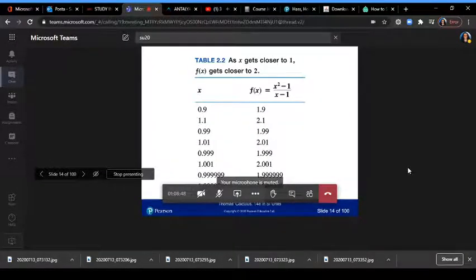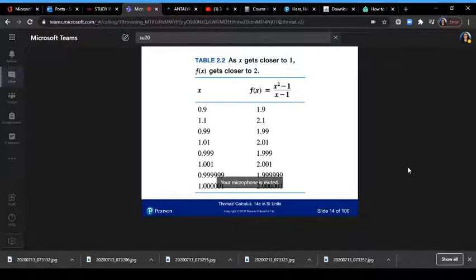Let's try to analyze this function f of x equals x squared minus 1 over x minus 1 a little bit closer. We are going to build a table, because whenever we don't know much about a function, we build a table. We want to understand what happens as x gets closer to 1.